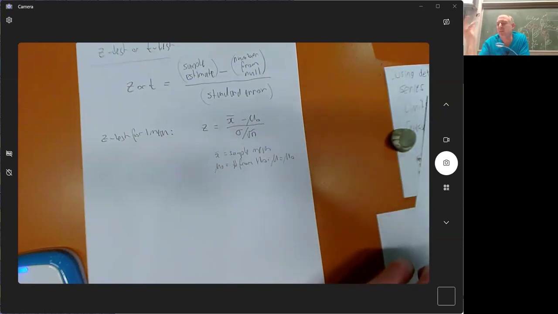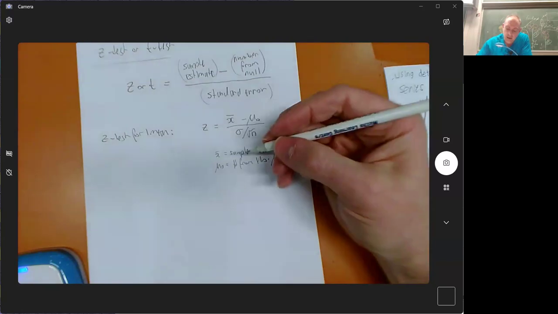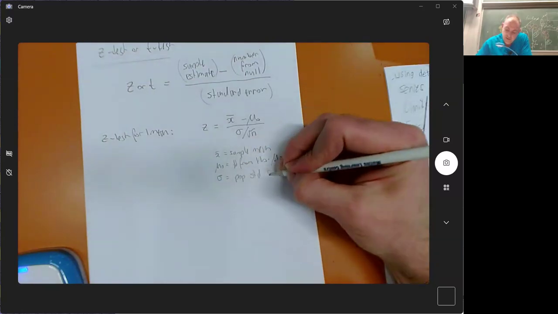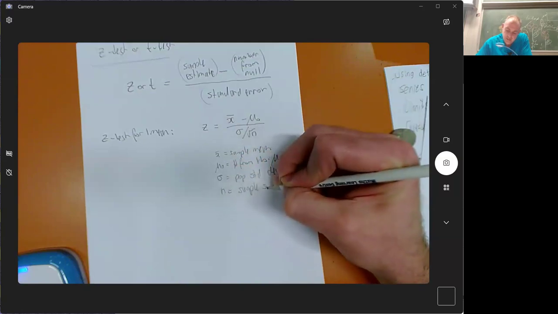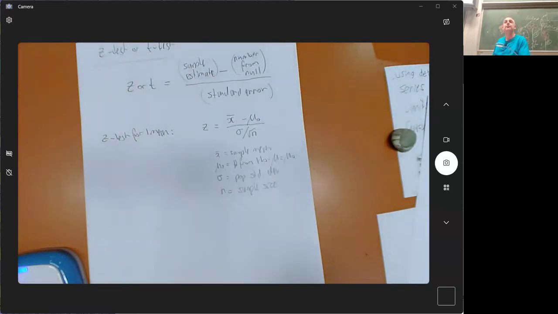So in our question about the capacity of the bottles, that would have been 2 for 2 liters. And sigma is the population standard deviation, and n is the sample size. So the z-test for one mean is that.